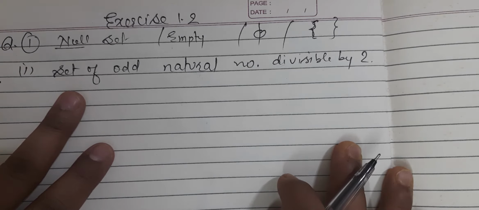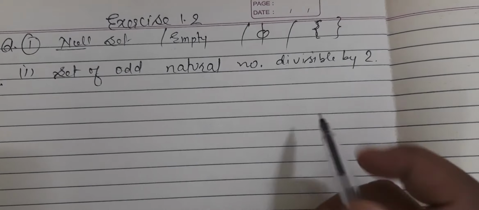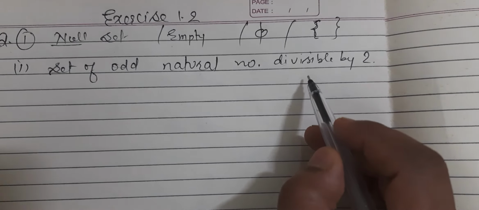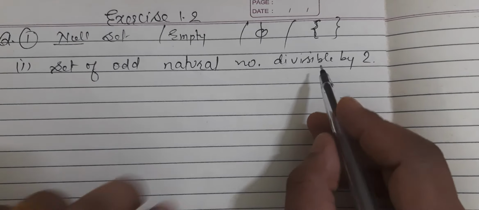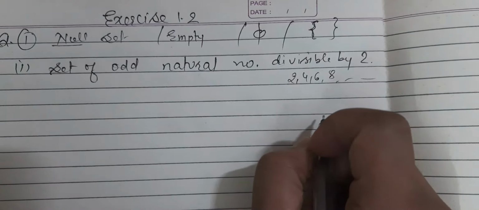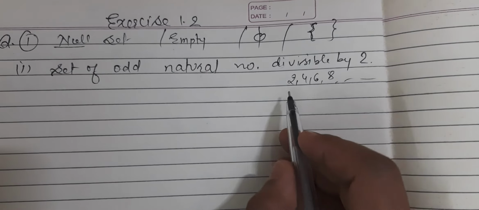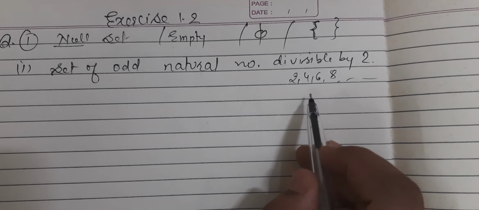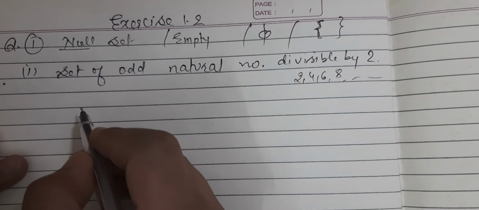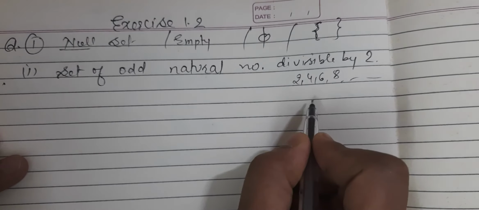So first we'll find all the natural numbers divisible by 2: 2, 4, 6, 8 and so on. When you observe, you will find that each number is even. We don't have any odd natural number divisible by 2. So this set is a null set.